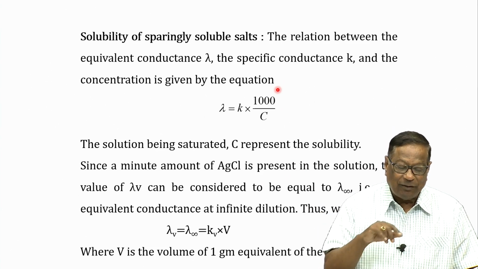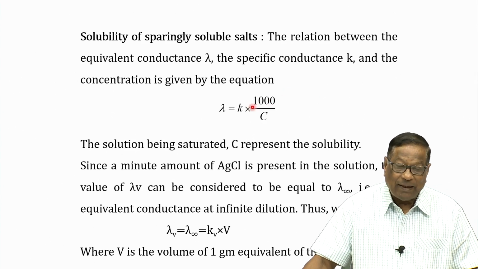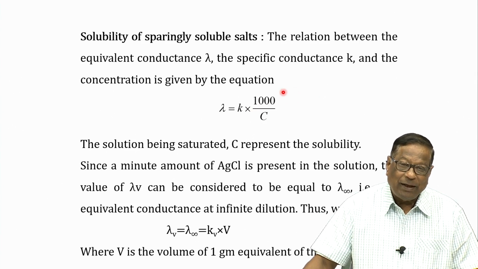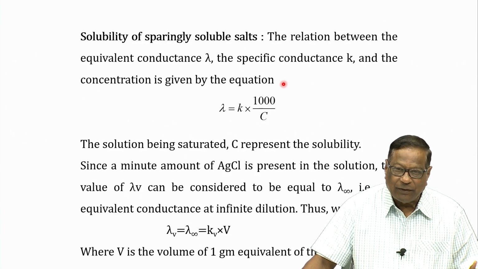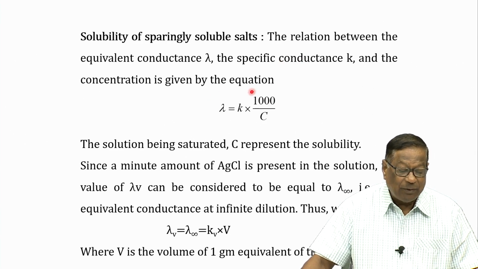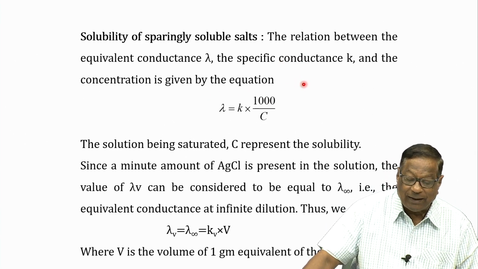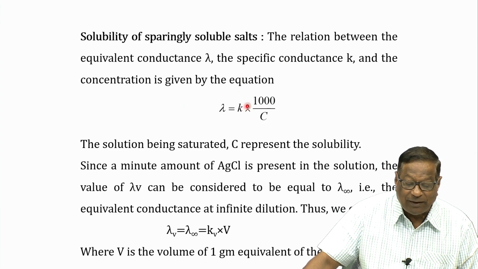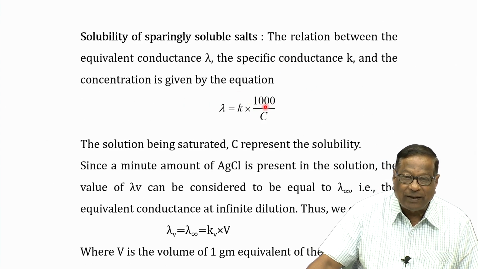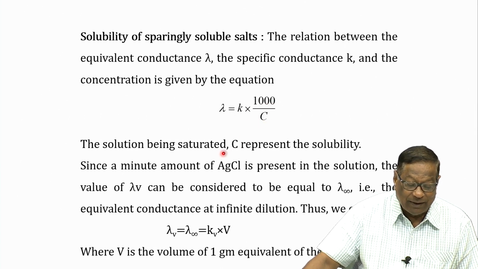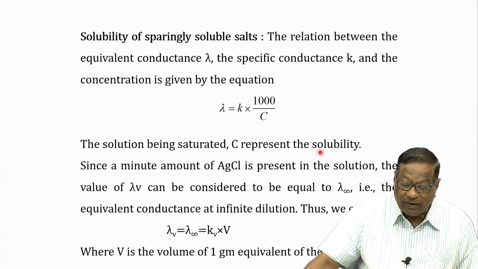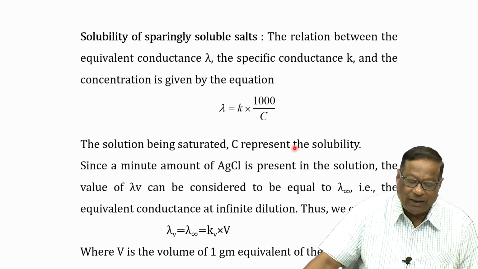So, the conductance measurement can tell us about the solubility of sparingly soluble salts, because we can measure the cation and anion concentrations. The relationship between equivalent conductance, specific conductance and the concentration is lambda is equal to K into 1000 by C. So, the solution is already saturated, and C represents the solubility.